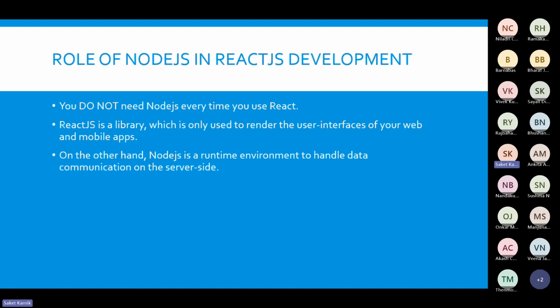In terms of React.js development, what is the role of Node.js? This also probably we have discussed in the past. You don't need Node.js every time you work with React.